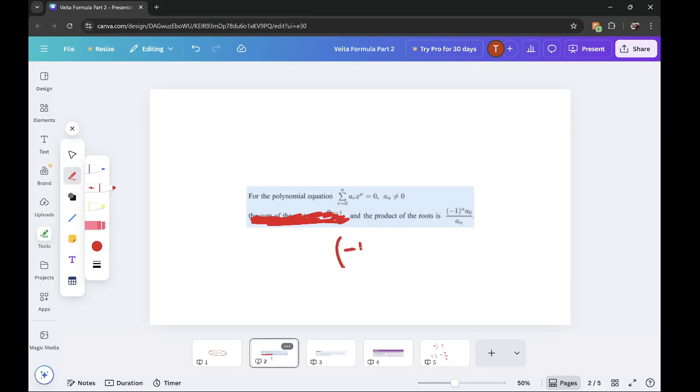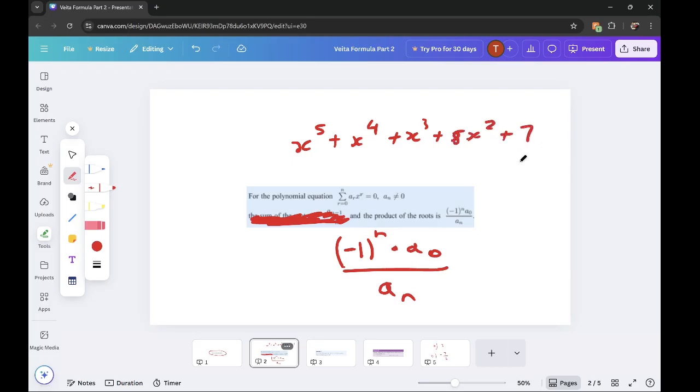The product rule is as follows: minus 1 to the power of n times a0 over a to the power of n. Again, I want you to not look at the sigma notation formula over here. This represents a polynomial, but a polynomial can be many different things. It can be written as x to the power of 5 plus x to the power of 4 plus x to the power of 3 plus x to the power of 2 plus 7, for example.